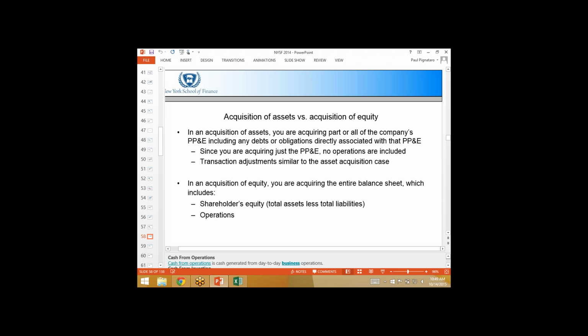Well, you need to think about actually integrating all that target's financials into the acquirer. Despite that, when acquiring an entity that has all these moving parts, you can think about it as an acquisition of assets or as an acquisition of equity. So it's very important to make that distinction.